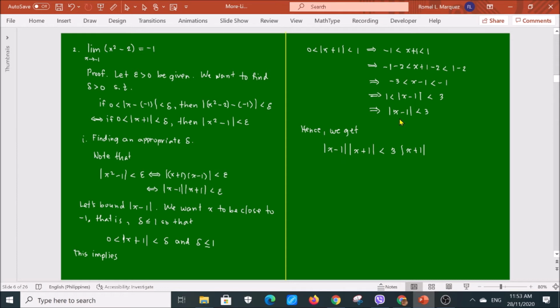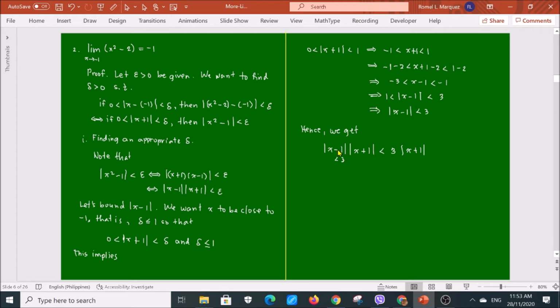So again, the absolute value of x minus 1 is less than 3, times this. If I replace this by 3, this product now is greater than this, because remember, this 3 is greater than this.